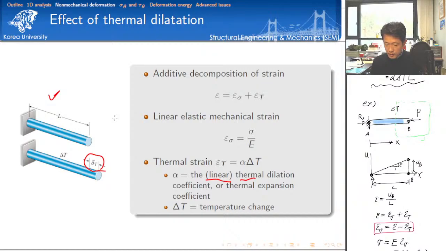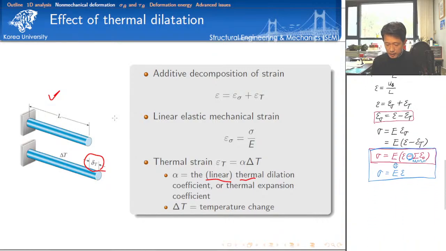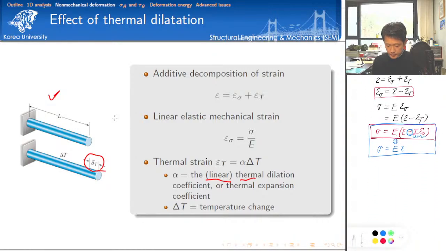Let's talk about omega surrounding point B. If you do that, in the free body diagram omega, I have the body here, and this is the cut surface, and here point B is subjected to external force P.